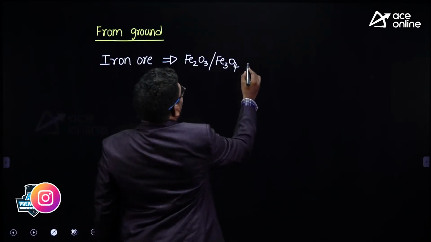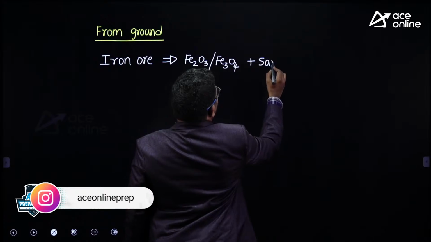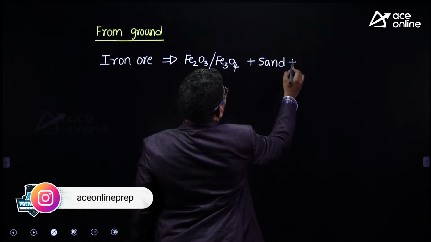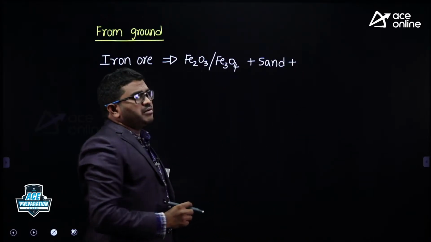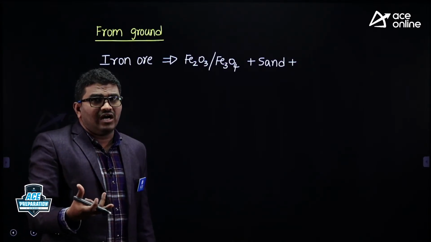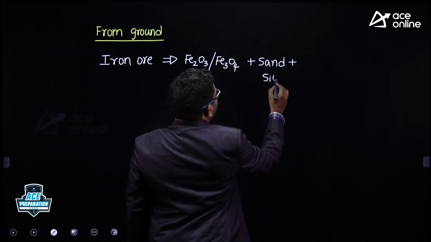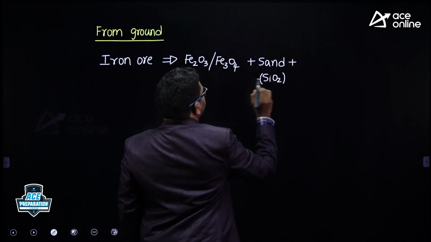Not only this iron oxide, but the iron ore also consists of a large amount of sand. Sand is nothing but silica, SiO2. Remember, sand is nothing but silica, SiO2.